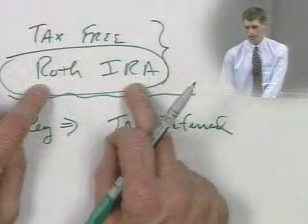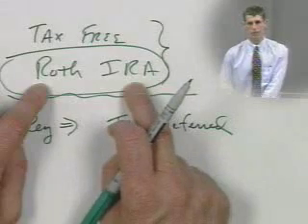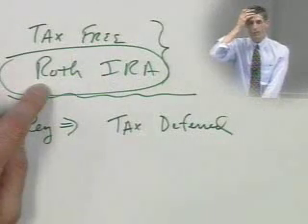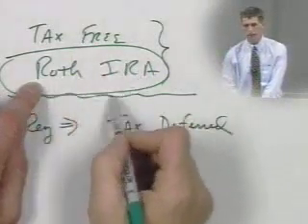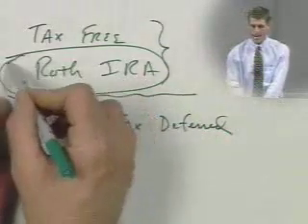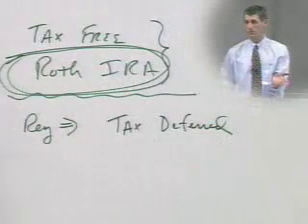I think next time we get a Democratic president, we are going to have someone going, wow, we need more taxes so we can spend more money. And one of the things they're going to try to do is change the retirement stuff. So it wouldn't surprise me if this tax-free Roth IRA at some point in our future disappeared.